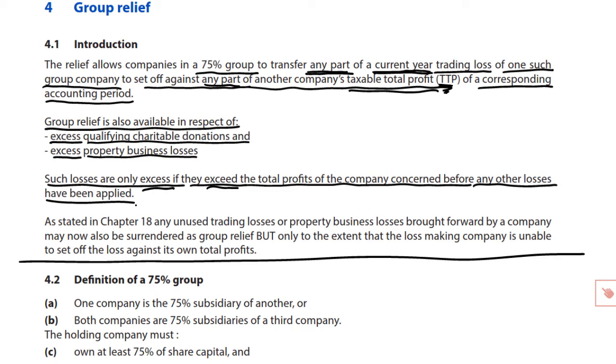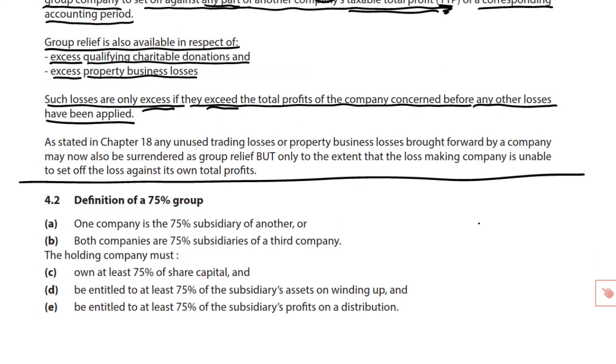So only that excess over and above the total profits of this company for this period may be group relieved. When you deal with the trading loss, as we highlighted here, any part of a current year trading loss may be offset against any part of the claimant company's TTP.